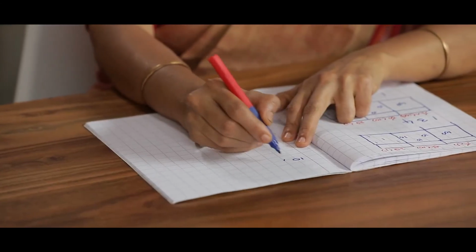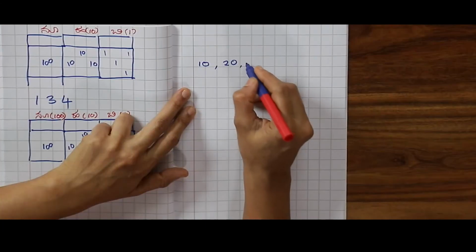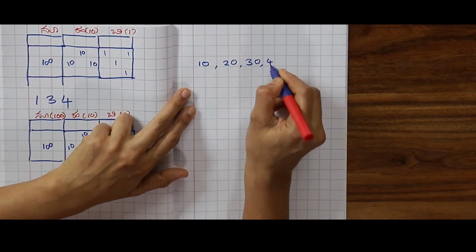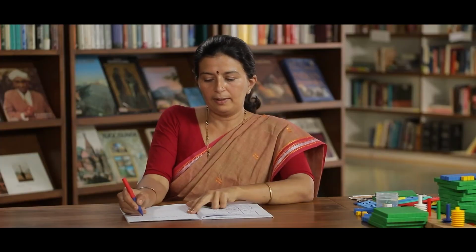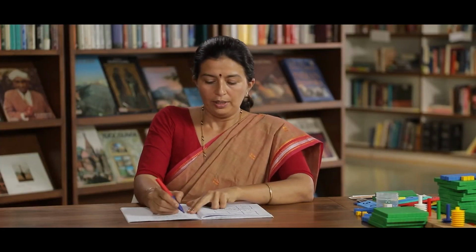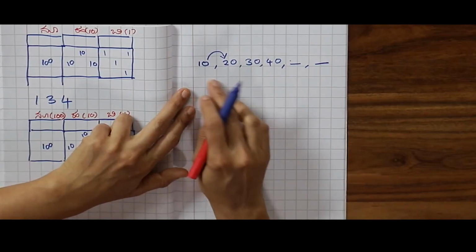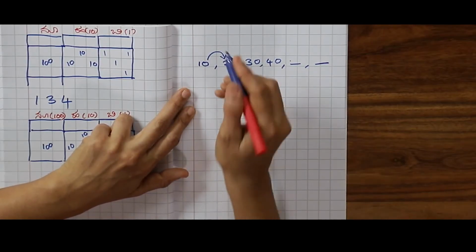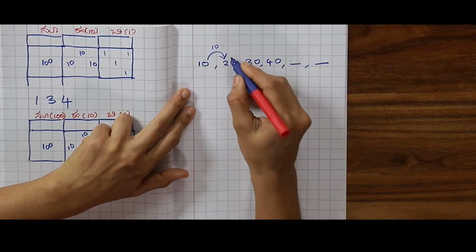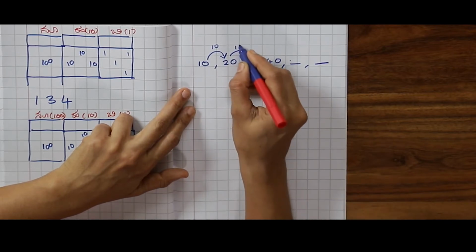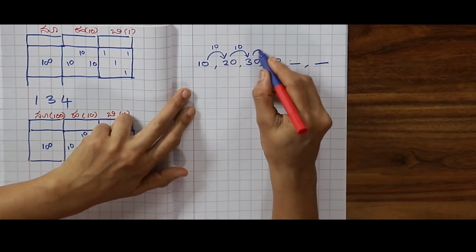Please observe. Now, here is an example: 10, 20, 30, 40. What is next? We can ask. It means the difference between first 2 numbers is 10, right? Difference between second and third is 10.